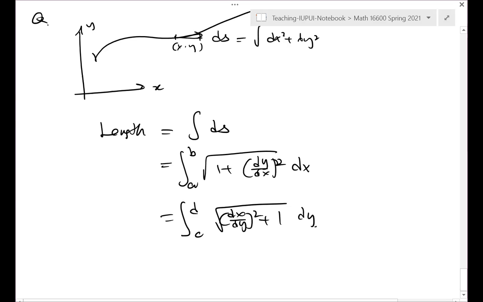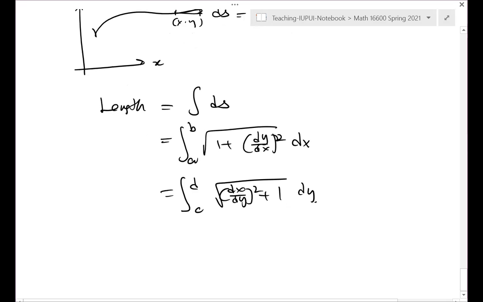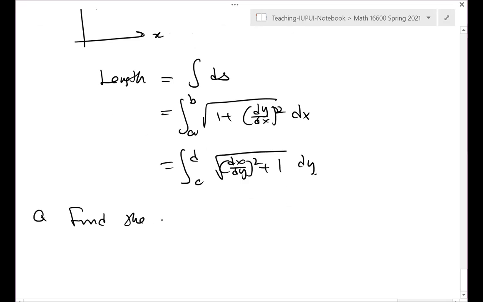All right, so now I'm going to think about some examples. Find the length of the curve given by the following equation.